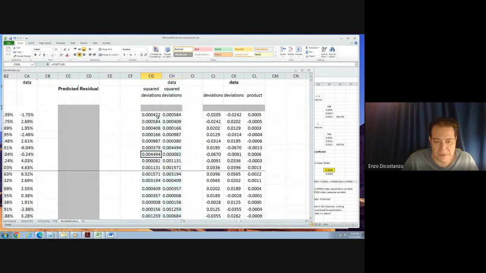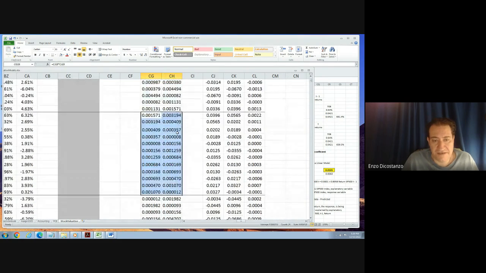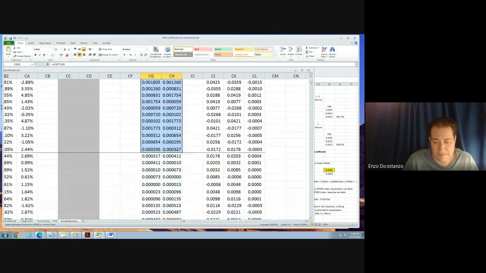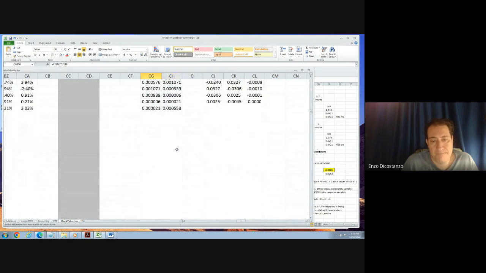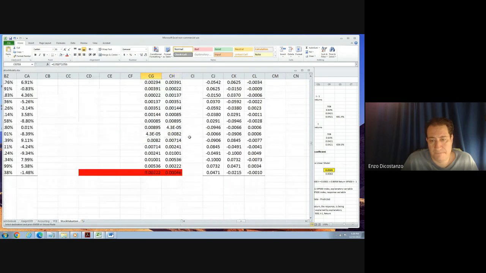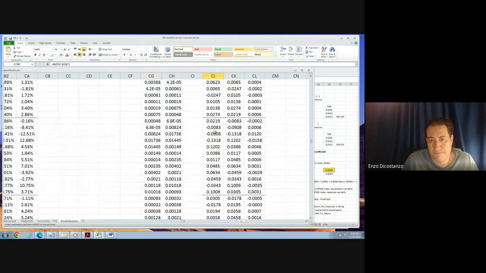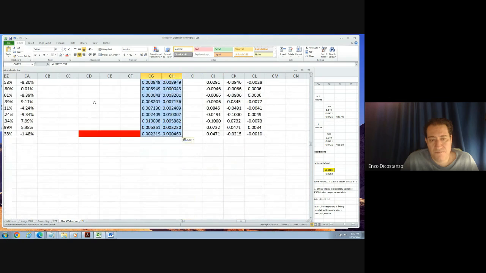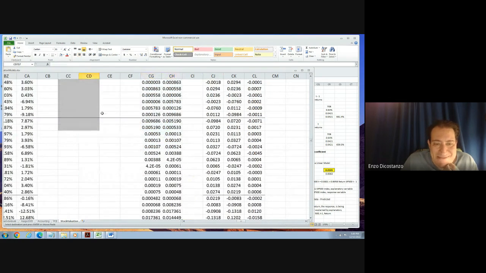Clear out the shading. Okay, we brought the formatting in. It seems like we're off a bit here. We're off a bit.